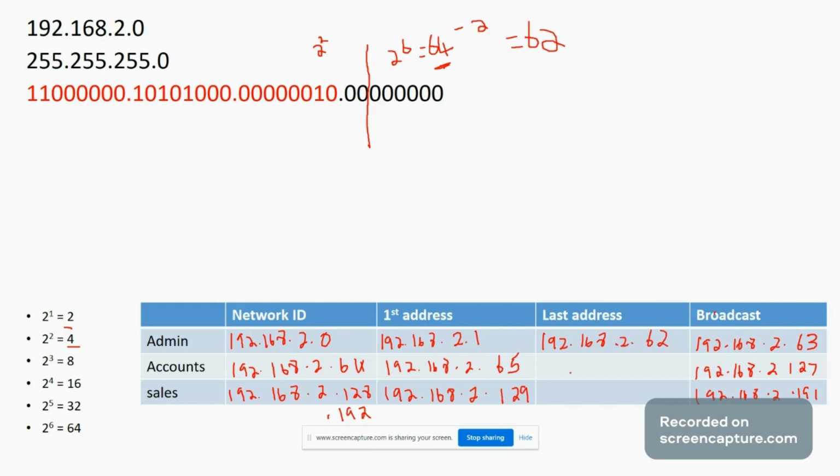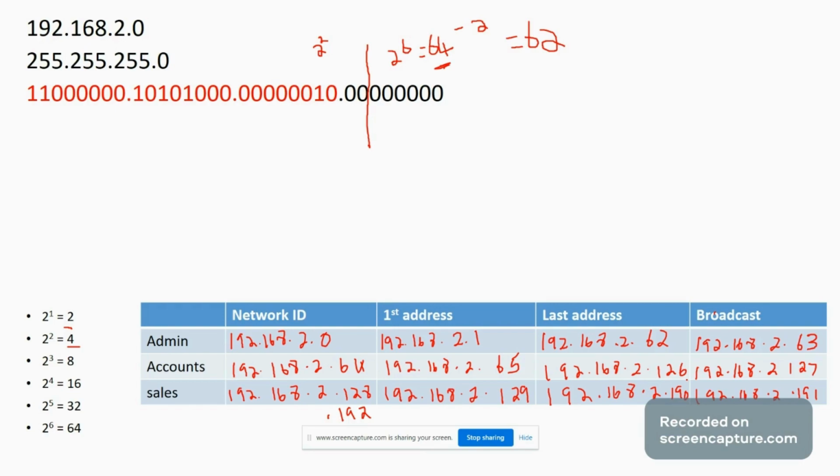192.168.2.62, 192.168.2.126, and 192.168.2.190. So there we have our table completed. We got the first IP address of each subnet, and we got the last usable IP address of each subnet.